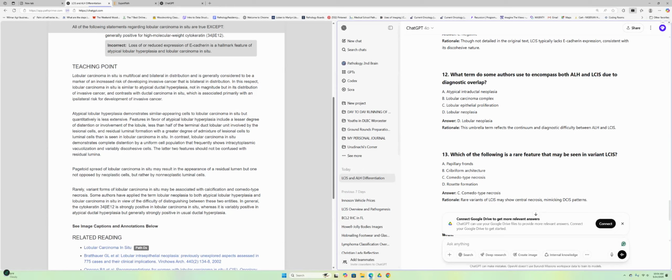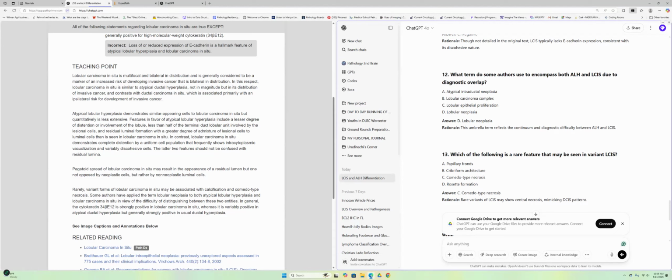Why is there so much confusion and it appears as if there's an overlap and difficulty in differentiating ALH and LCIS? The answer is the degree of extension, the composing cells may be similar, and the answer is because there's an overlap.